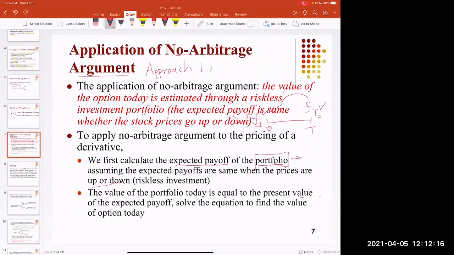In the portfolio, we have a number of shares of the stock and the option, so two types of security.